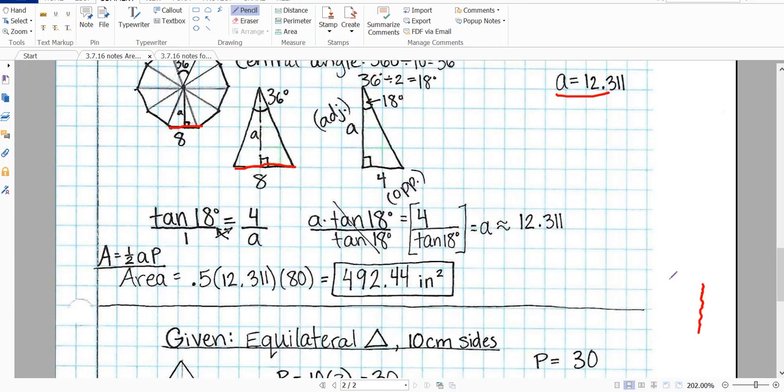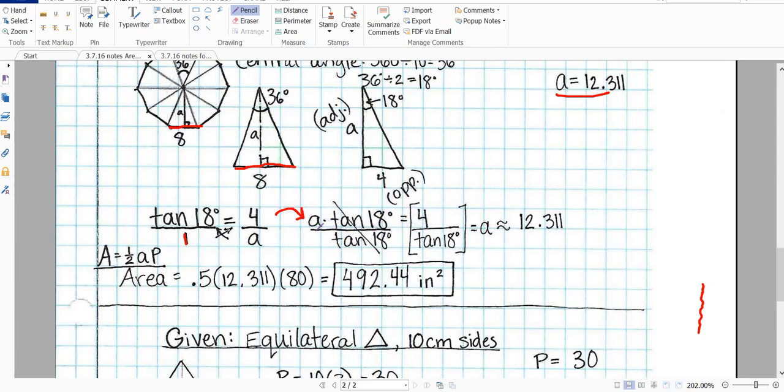So let's use those values and solve for A. So the tangent of 18 degrees equals 4 over A. I stuck a 1 underneath it, so I'd have a ratio equal to another ratio, and I can do my cross products to solve that proportion. I went over here next. A times tangent of 18 is A times tangent of 18, and that set that equal to 1 times 4, which was 4.